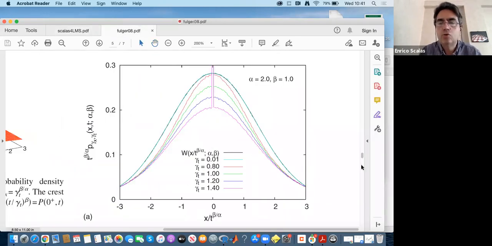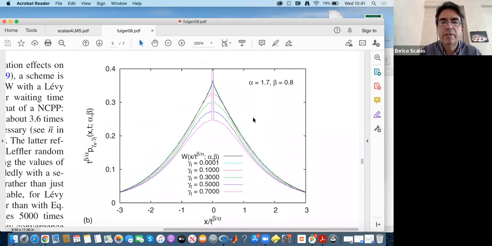And coming back to, for instance, this case here, alpha 1.7 and beta 0.8, here you have jumps in waiting times, which appear then as plateaus in the limiting process, and also jumps in the position.